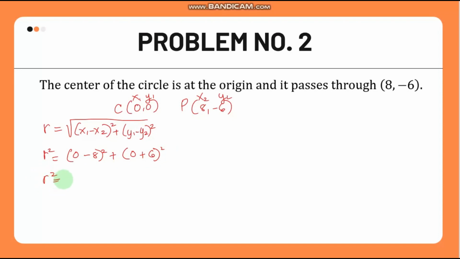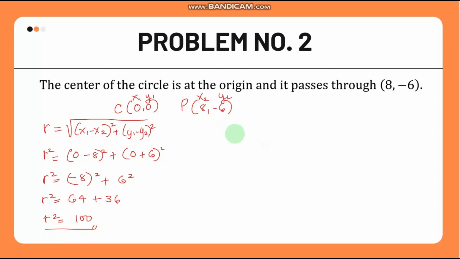So r² = (-8)² + 6². r² is equal to 64 plus 36, that is 100. So the square root of 100 is 10, so 10 is the radius.